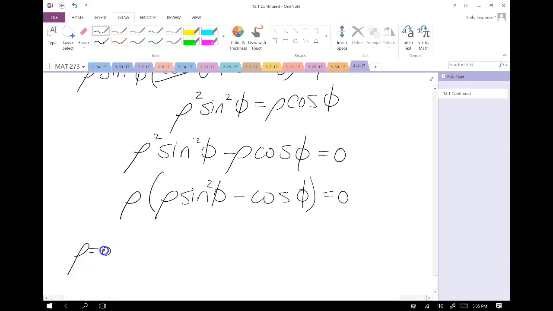Either rho equals 0 or rho sine squared phi minus cosine phi equals 0.